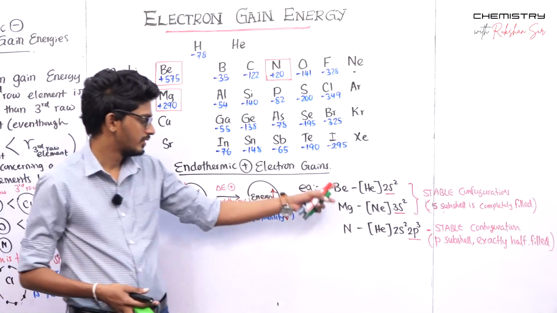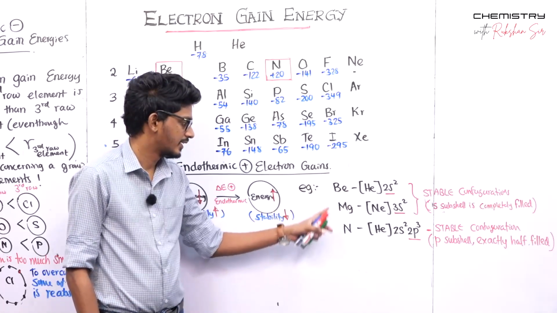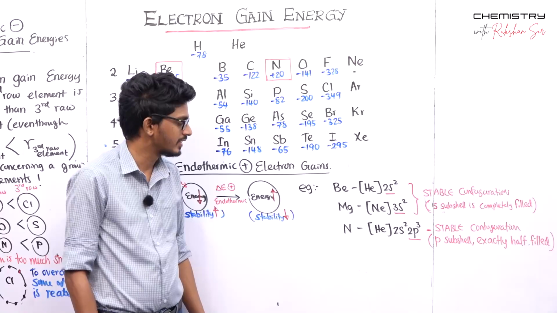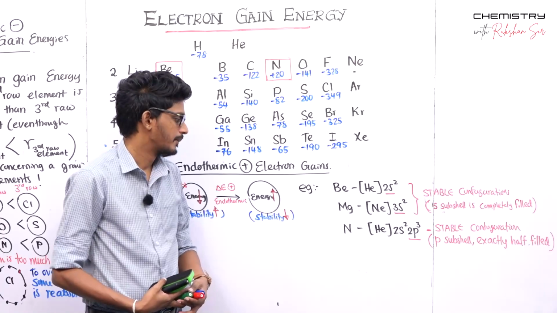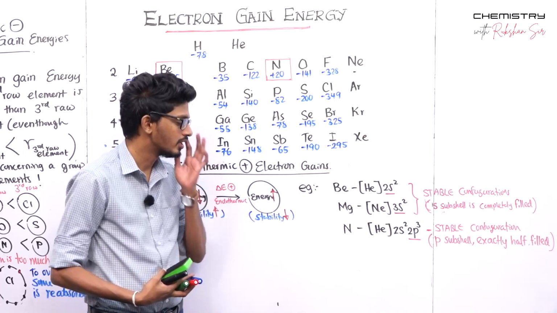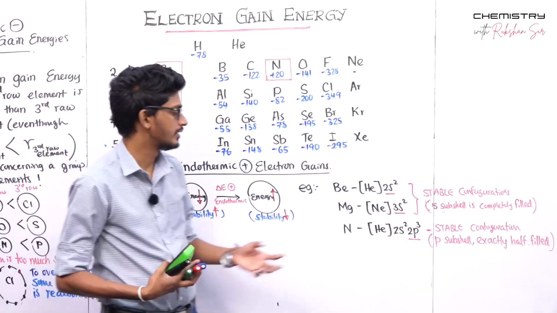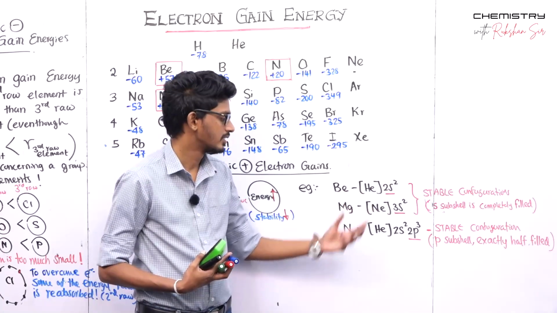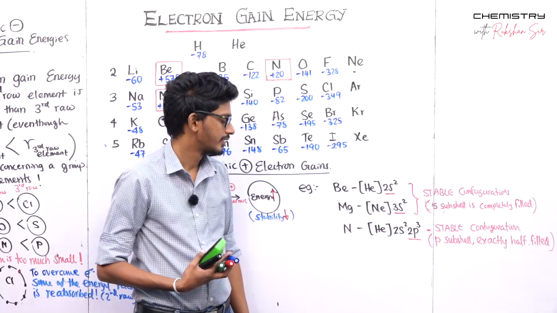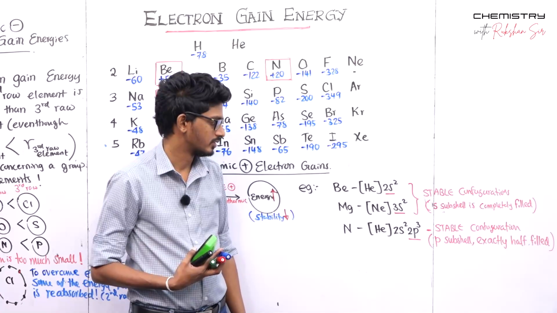So out of these, what is your idea? Which is with a greater endothermic value: beryllium, magnesium, or nitrogen? The more stable the configuration is at the beginning, the less you prefer to gain an electron.